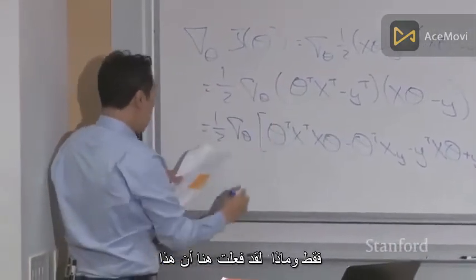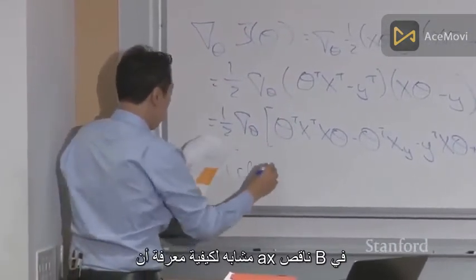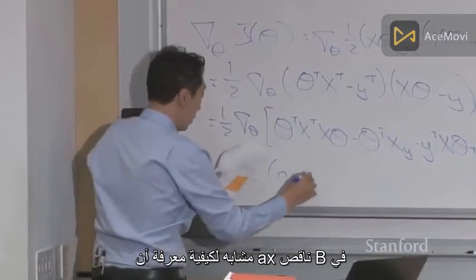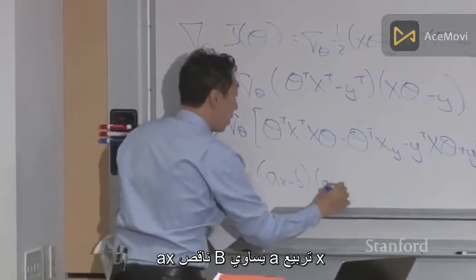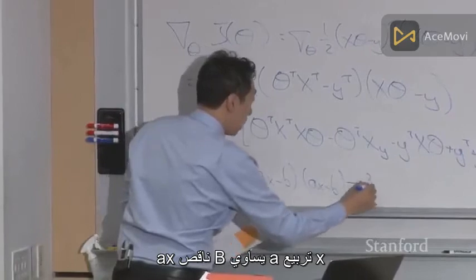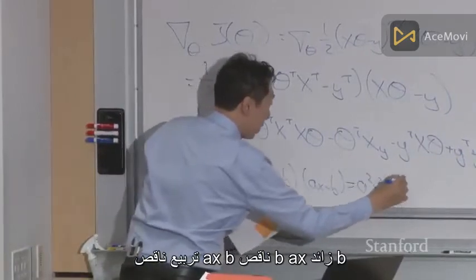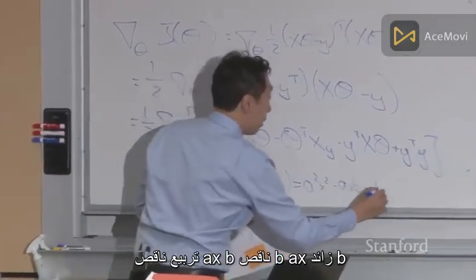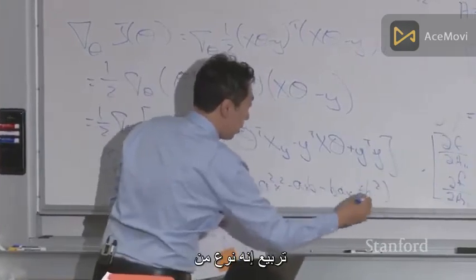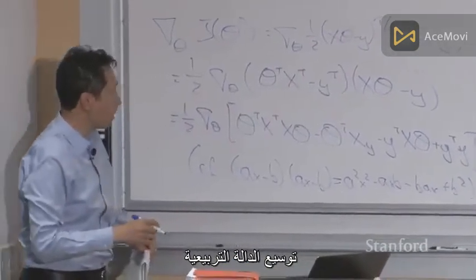What I just did here is similar to how (ax minus b) times (ax minus b) is equal to a squared x squared minus axb minus bax plus b squared. It's just expanding out a quadratic function.